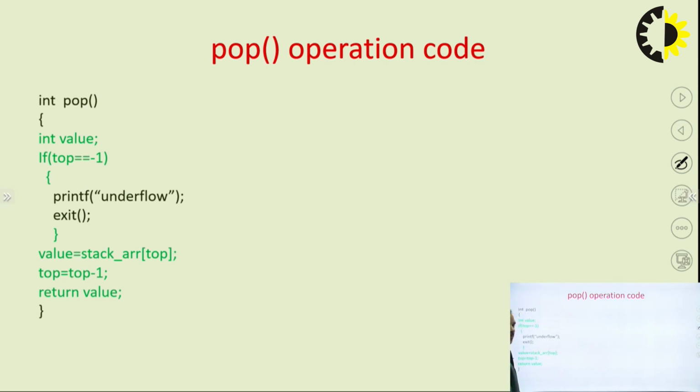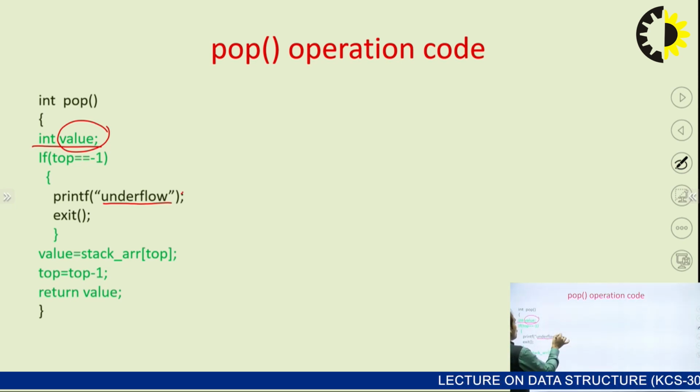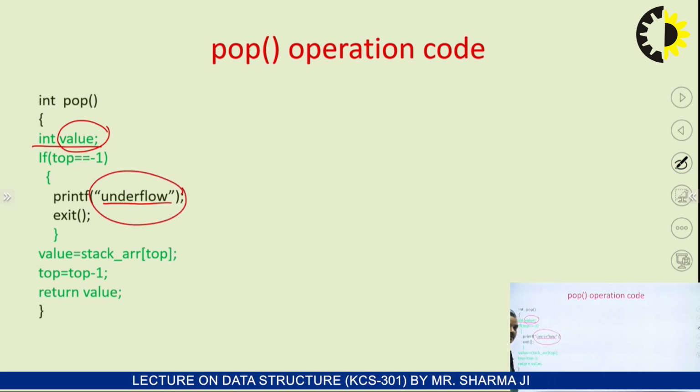This is the pop operation code. In pop, we take a variable int value, which is used to store the deleted element. The initial condition is that if we want to delete an element and the stack is already empty, underflow arises, whereas in push, overflow arises.